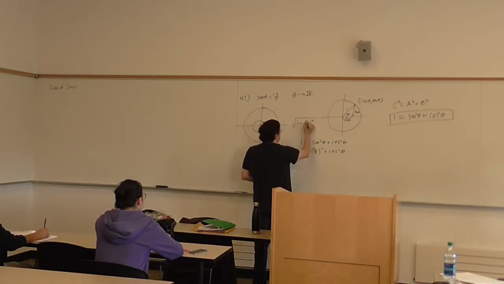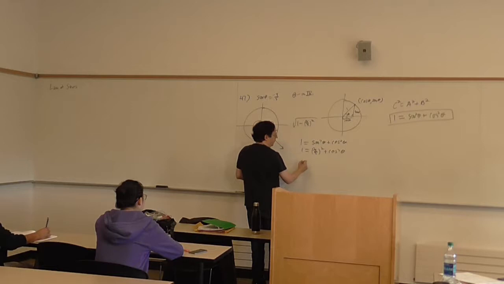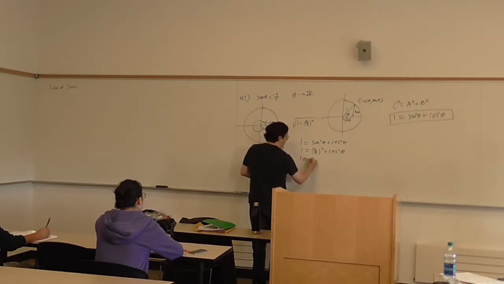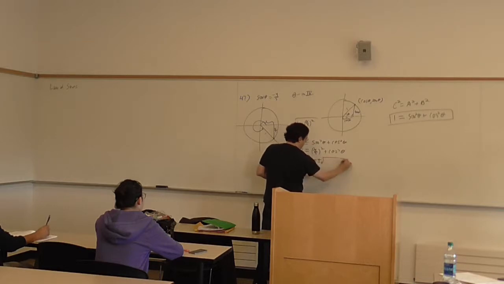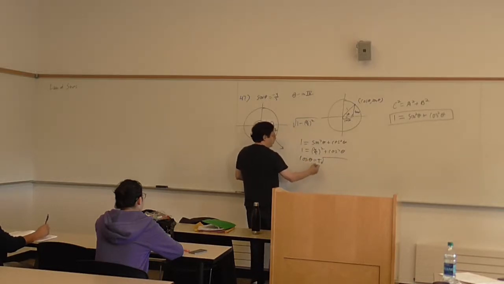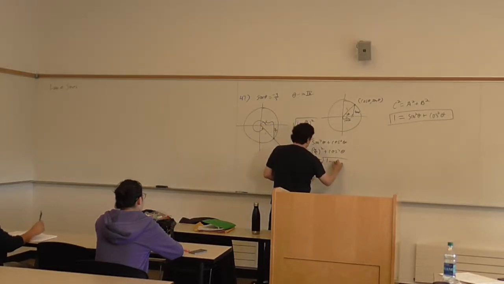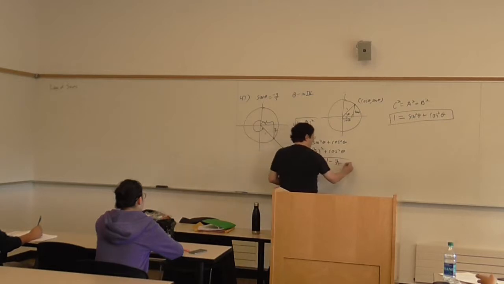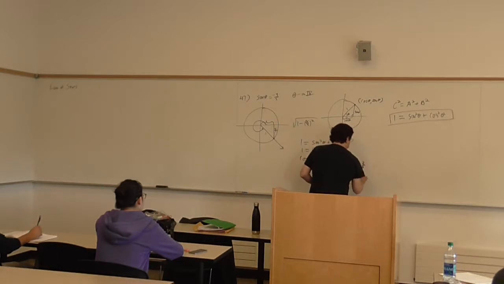I keep forgetting the minus, but it doesn't really matter since we're squaring. So cosine of theta equals, and I'm just going to say plus or minus for the moment, the square root of 1 minus 16/25, or 9/25. The square root of 9/25 would be 3/5.